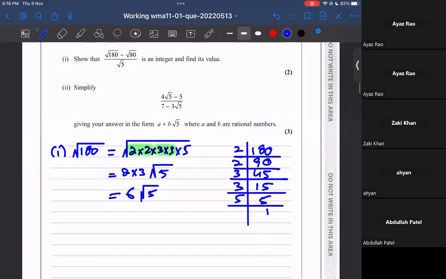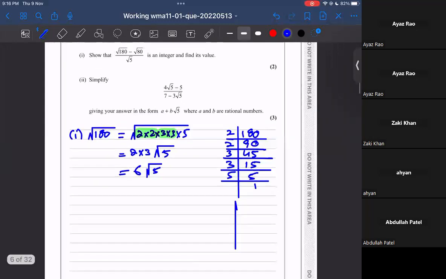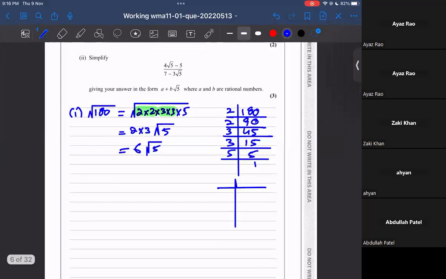Similarly, what I'm doing here, मैं 80 की भी प्राइम फैक्टराइजेशन कर रहा हूं यहां पर. 2 40s, 2 20s, 5s and then I got 5 on the 5.